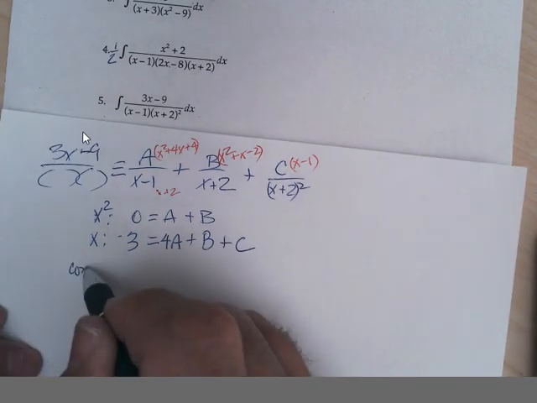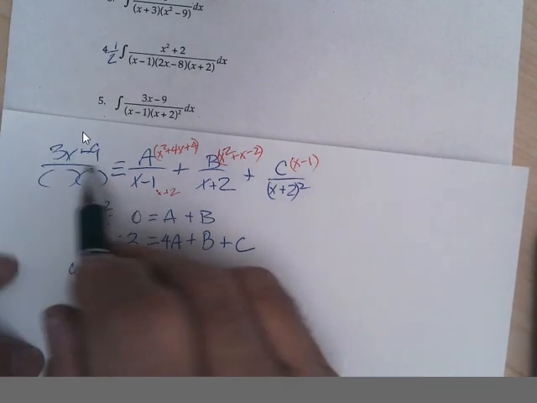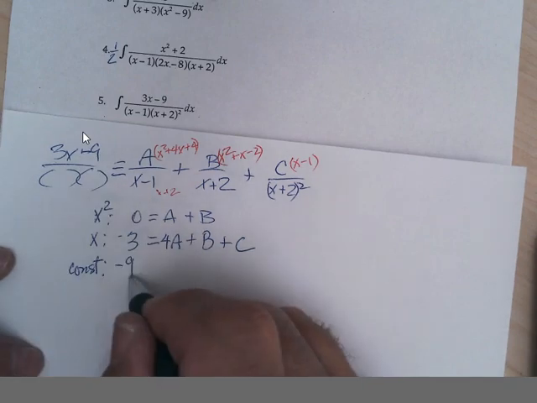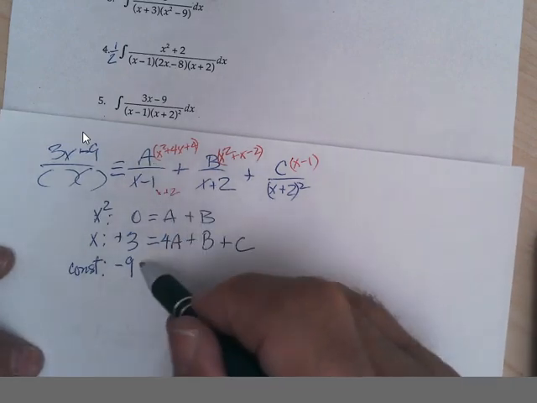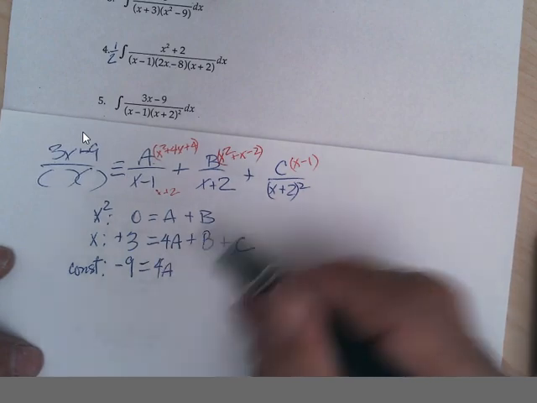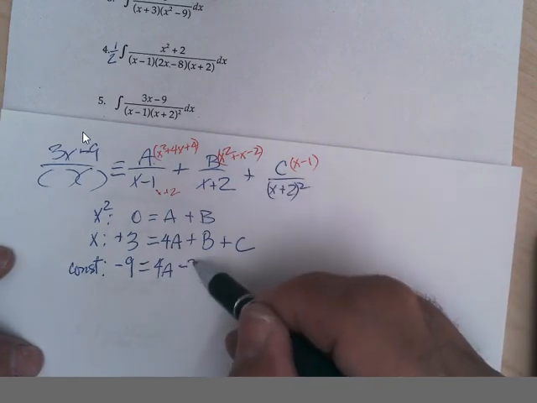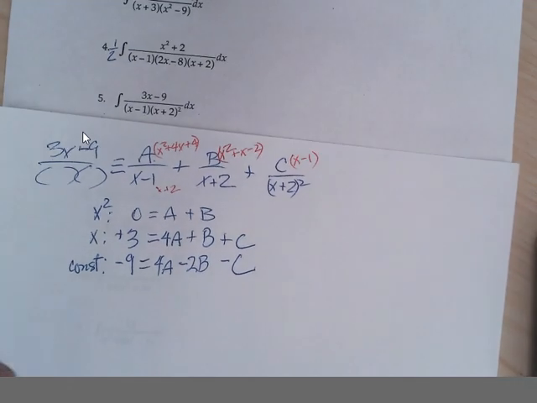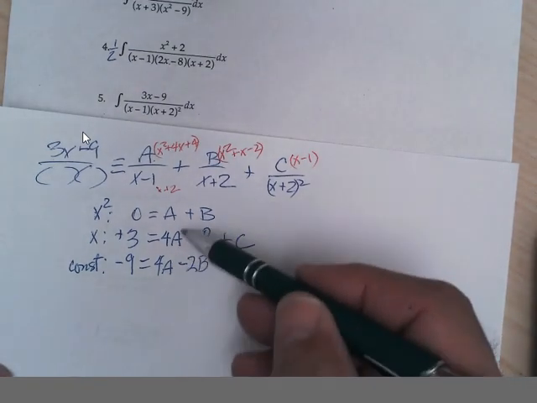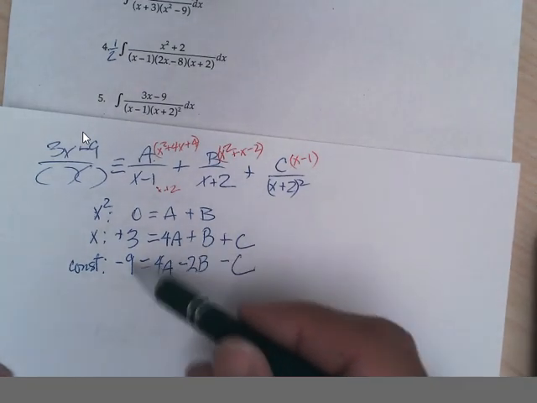And for the constant, I'm going to get negative 9 equals 4a minus 2b minus c. I could add these two and the c's would drop out, and then I'd take that answer and combine it with that.